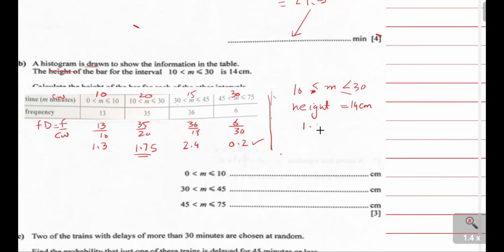Therefore, for 1.75, the height is 14 centimeter. And for one frequency density, this value is 14 over 1.75, and this will be equal to 8 centimeter. For one frequency density, the height is 8 centimeter.